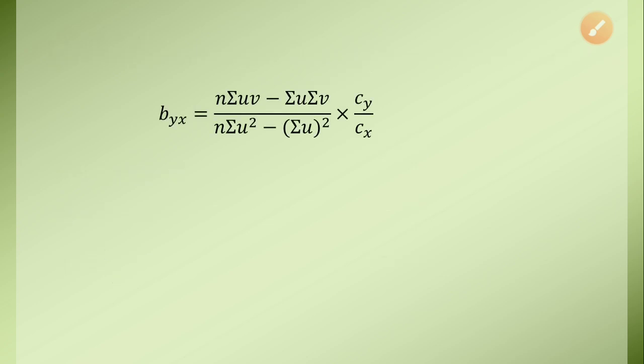Then we started a topic like byx is equal to n sigma uv minus sigma u sigma v upon n sigma u square. I told you that this formula of u, whichever is given, is known as bvu. So your formula will look like this: byx is equal to bvu into cy upon cx.